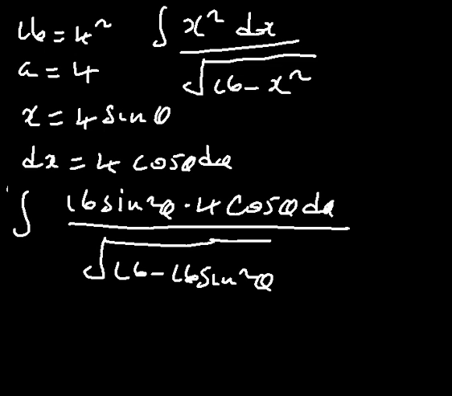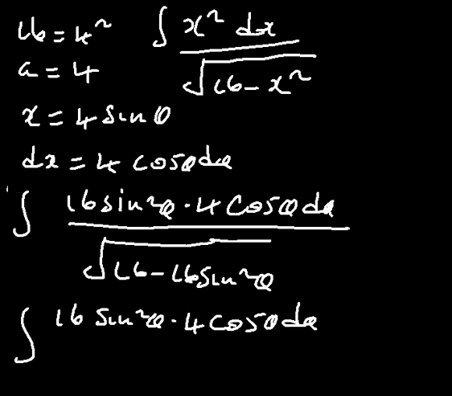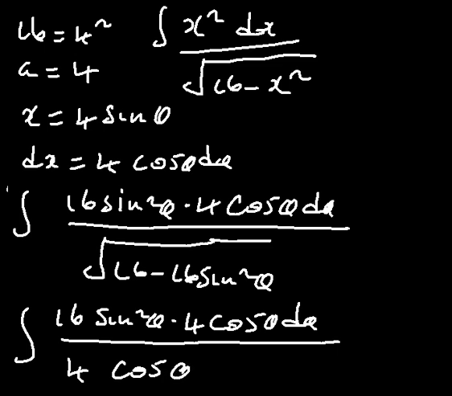That is the same as the integral of 16 sin square theta times 4 cos theta d theta divided by, of course, 4 times cos theta at the end of the day, if we do everything in the right order. Now this 4 and this 4 cancel, and this will cancel.